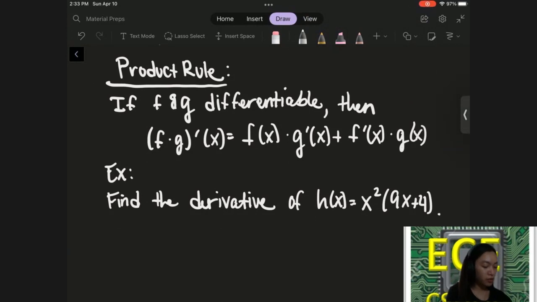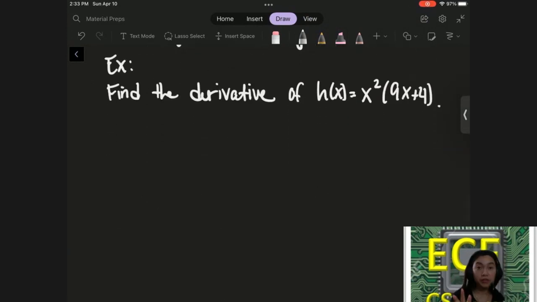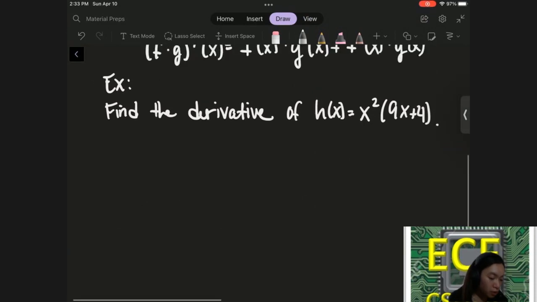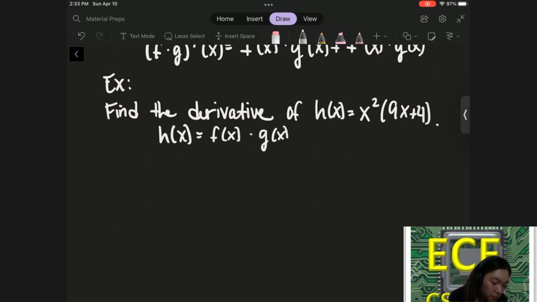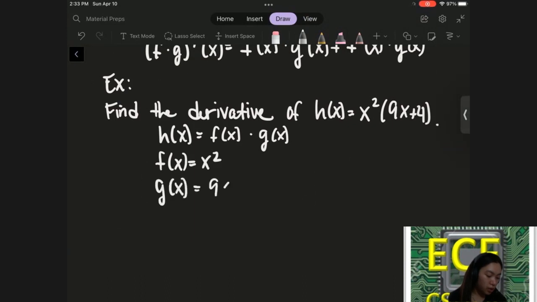So you're given one function, h of x. But as you can tell here, it can be broken up into a product of two functions. So here, I'm going to say h of x equals f of x times g of x, where f of x equals x squared and g of x equals 9x plus 4.